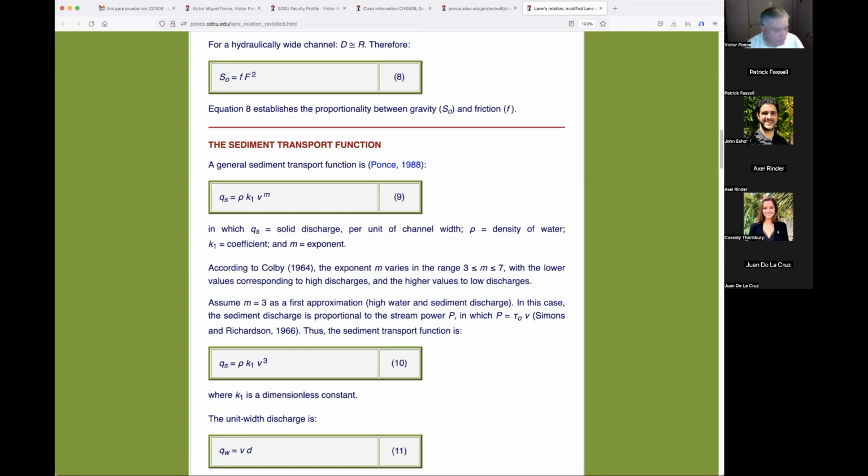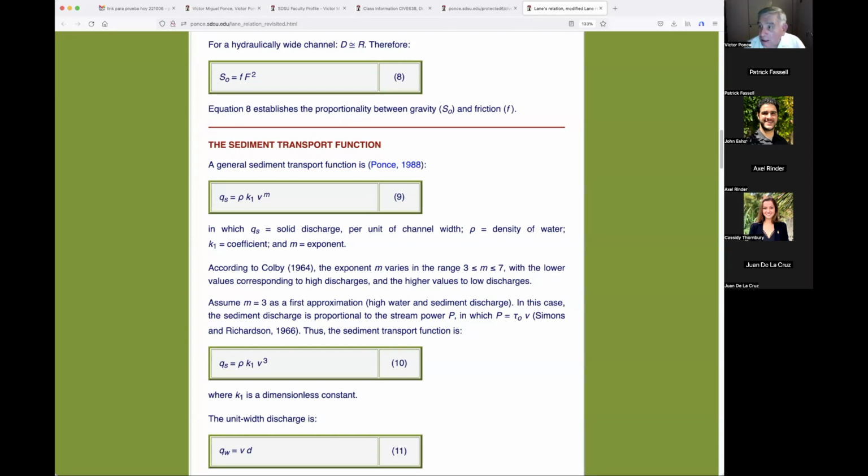If you want to do a shortcut, Simons himself used to say that he always starts with the Colby 64 method because it's easy, it's very well constrained, it's not crazy. The Einstein method could find itself in a corner, but the Colby never will, because Colby made sure that wasn't going to happen.